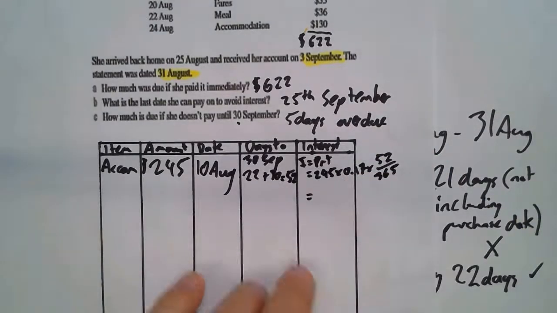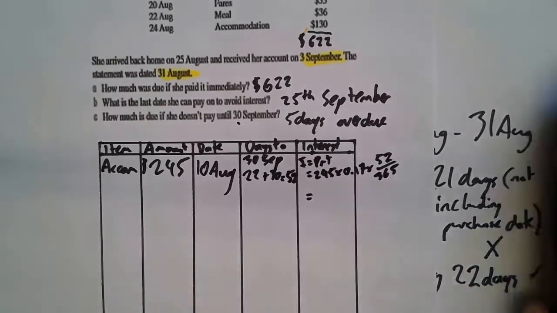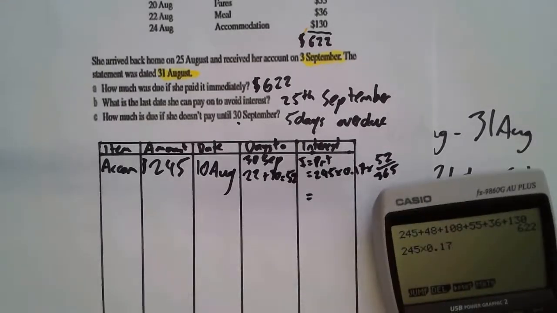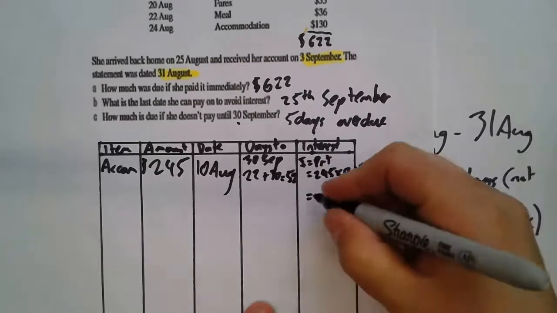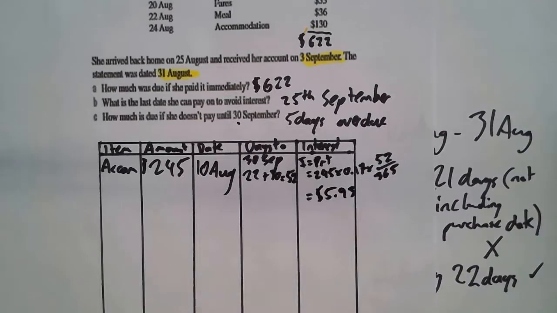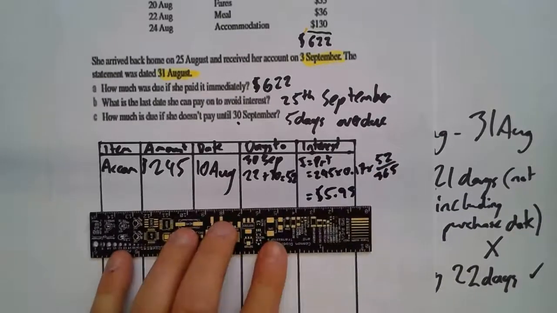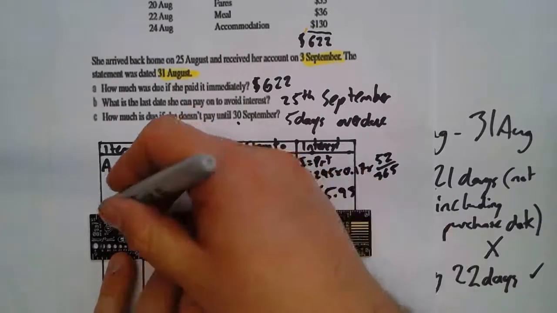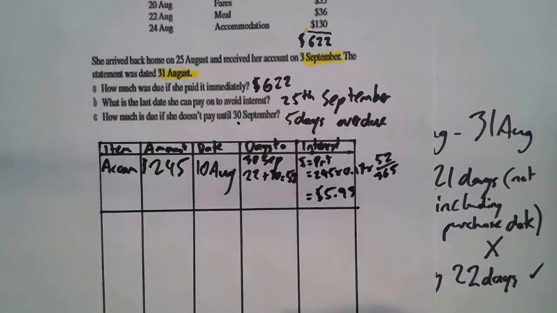So that's 245 times 0.17 times 52 on 365, which gives us 5.9336. We'll round it up for dollars, so $5.93. Rule off and go on to your next item.